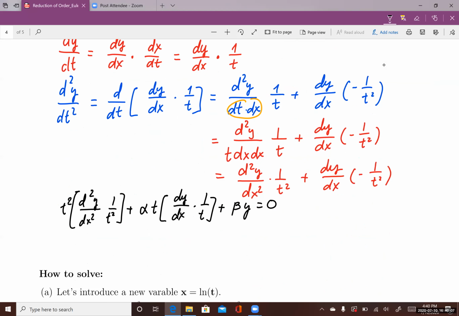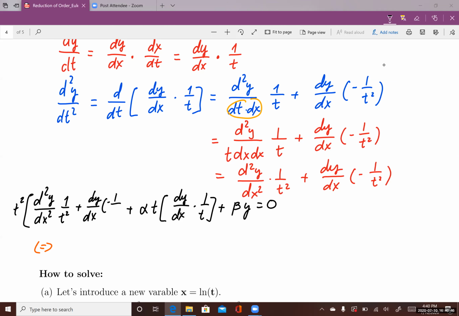Now I can simplify this equation a little bit. Oh, I'm missing this part right here. First go back here. You have t squared times d squared y dx squared, 1 over t squared, plus dy dx times negative 1 over t squared.